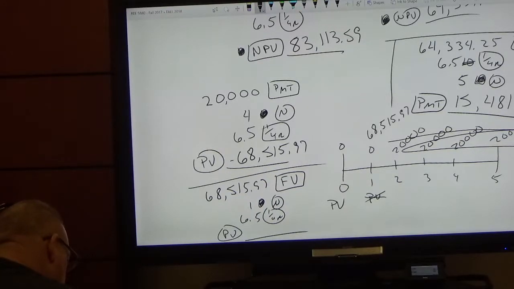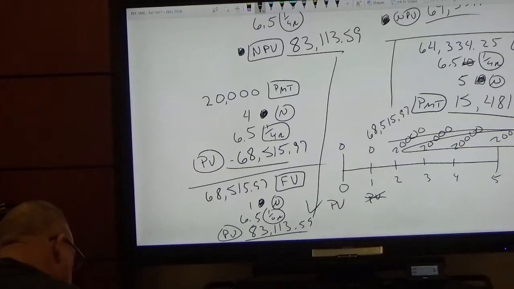and then solve for present value. Seems like a lot of extra work. Yeah. My question was, how would you make? So you end up with 83,113.59. So what does that tell me though? Well, you're using the same interest rate, and that is a lump sum amount.